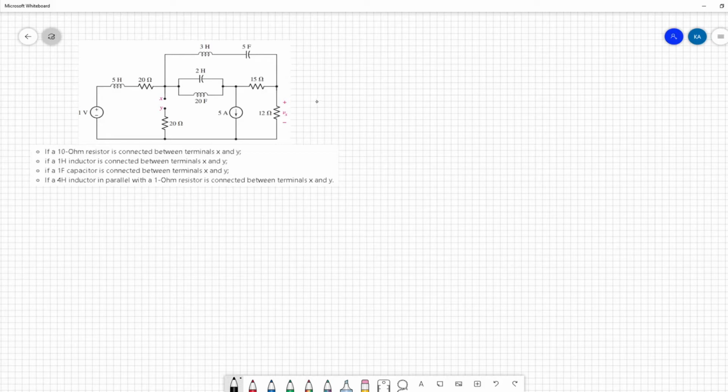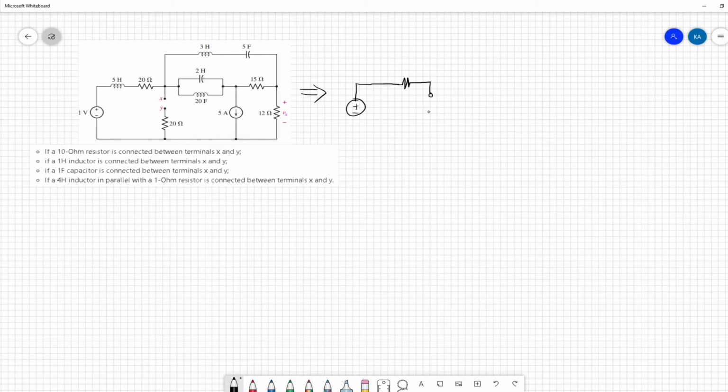So under DC conditions, inductors are equivalent to a short circuit and all capacitors are equivalent to an open circuit. So we can simplify our circuit before proceeding to solve. We have a current source, then the 5 Henry inductor is equivalent to a short.